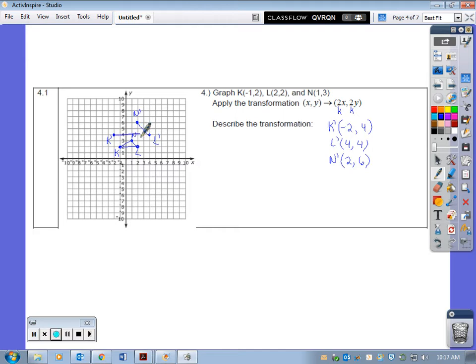Okay, so now you can see that it is the same shape, but it is larger. So this is a dilation with a scale factor of 2. And because our K was greater than 0, it's actually an enlargement.